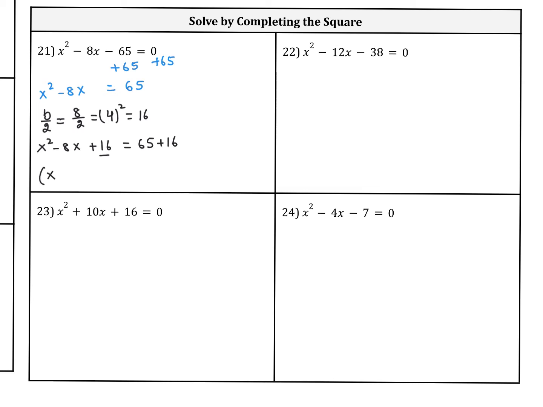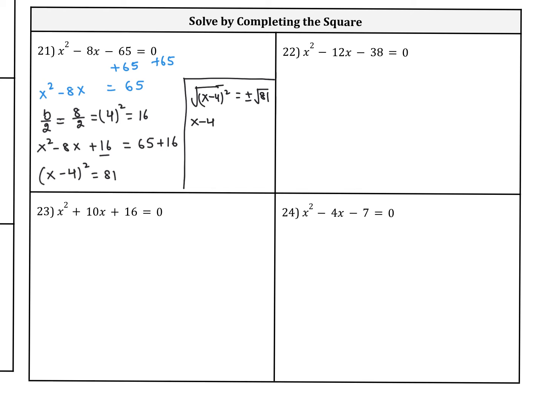You can get this into a binomial. The square root of x squared is x, the square root of 16 is 4. So you get x minus 4 squared equals 81. Now we are going to solve for x. We take the square root on both sides: plus or minus square root of 81.